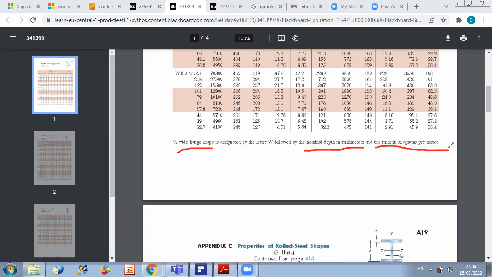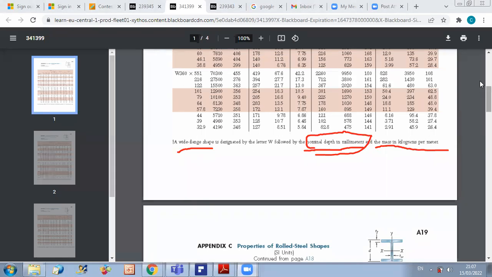And when we say nominal, it's a way to characterize the section. It's not exactly the value of the right depth of your system.